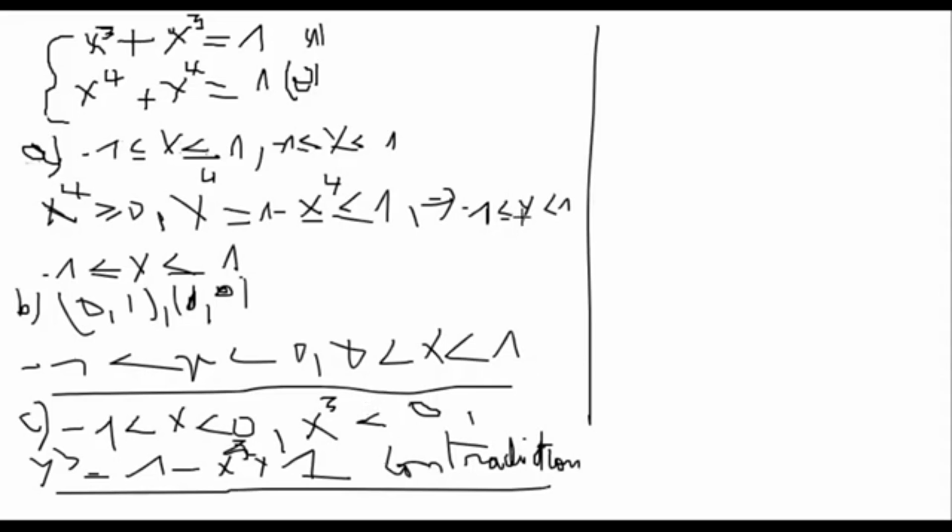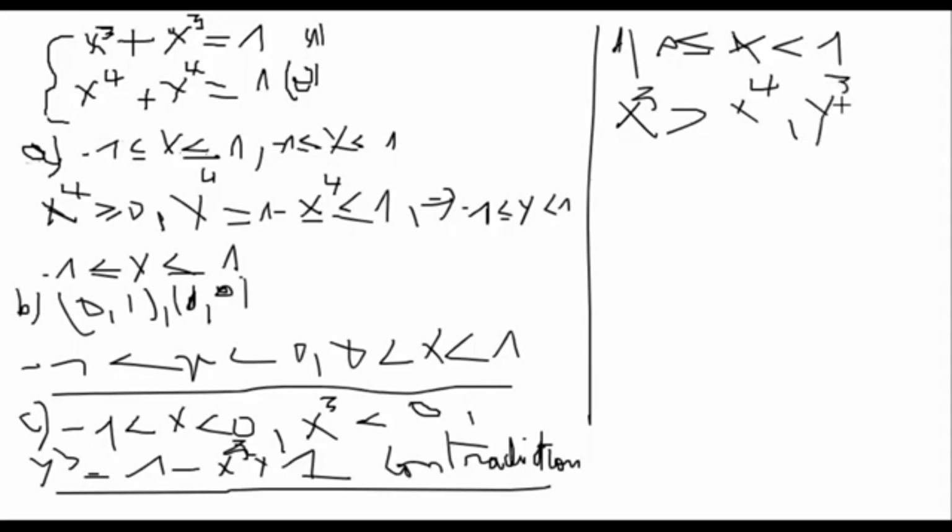That's a contradiction with one of our hypotheses. So the remaining range is when x is between 0 and 1, and y is between 0 and 1. So x cubed is more than x to the power 4 due to the fact that x is between 0 and 1, and we also have the same for y: y cubed is more than y to the power 4.